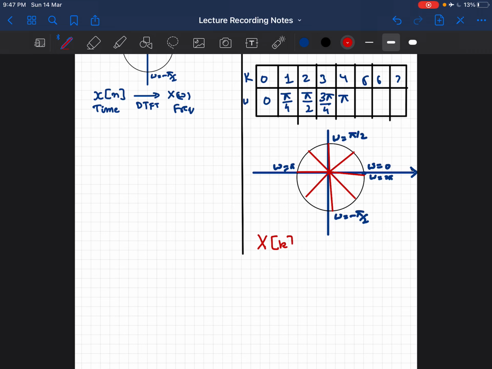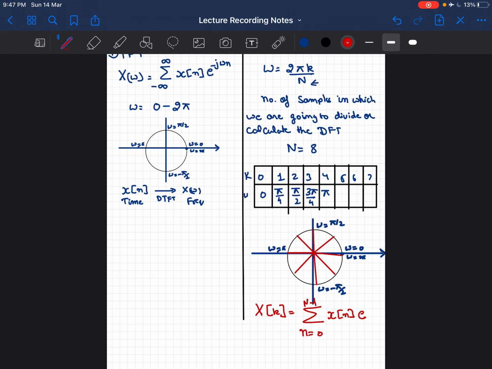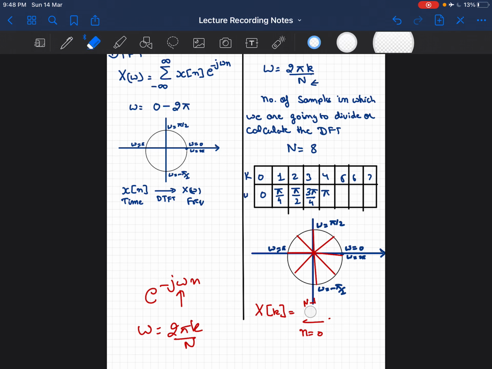That is X of k, the sum from n equals 0 to N minus 1 of x of n e raised to the power minus j omega n, and I'm going to replace this omega by 2 pi k by N. So it's 2 pi kn by N. Just write it again for you.